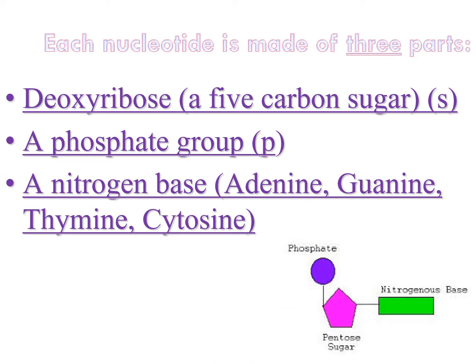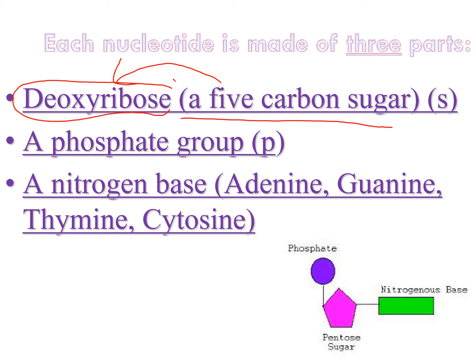Just to review, DNA has a 5-carbon sugar, and that sugar is deoxyribose. This is where the D comes in, because it's deoxyribose nucleic acid. Anything that ends in -ose is a sugar, and for DNA, this starts with a D. So this is how you know that's a sugar. Then it has the phosphate group, and remember it has the nitrogen bases: adenine, guanine, thymine, cytosine.